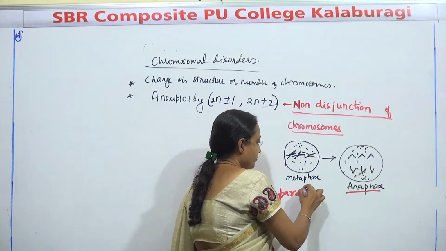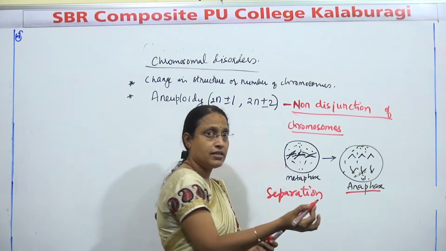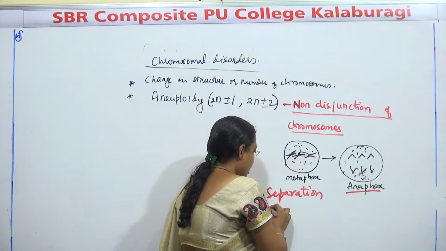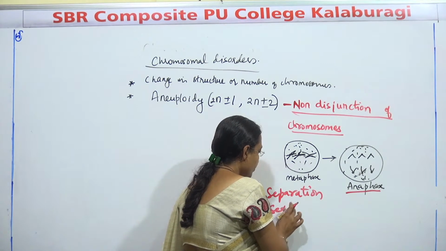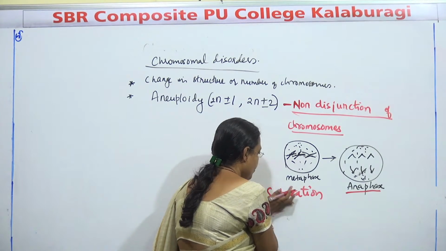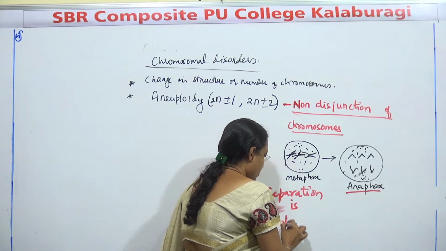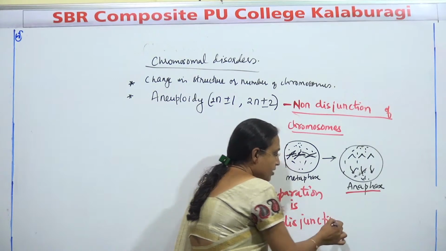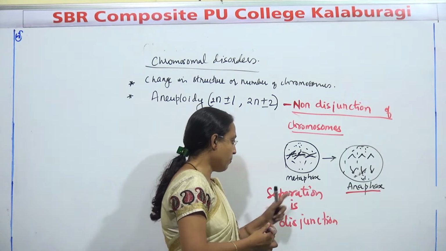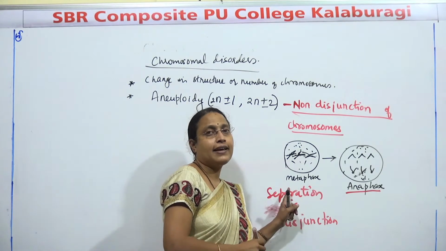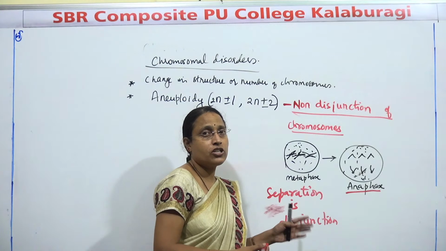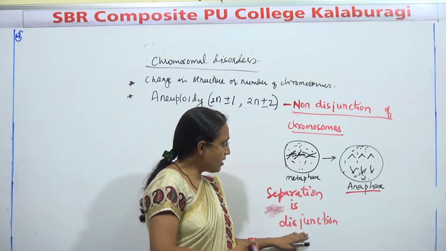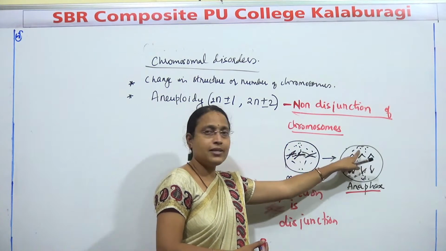So what you should know is that separation is disjunction, or segregation, because separation is nothing but segregation. Segregation is disjunction. But why a chromosomal disorder occurs is non-disjunction, meaning not separating properly.